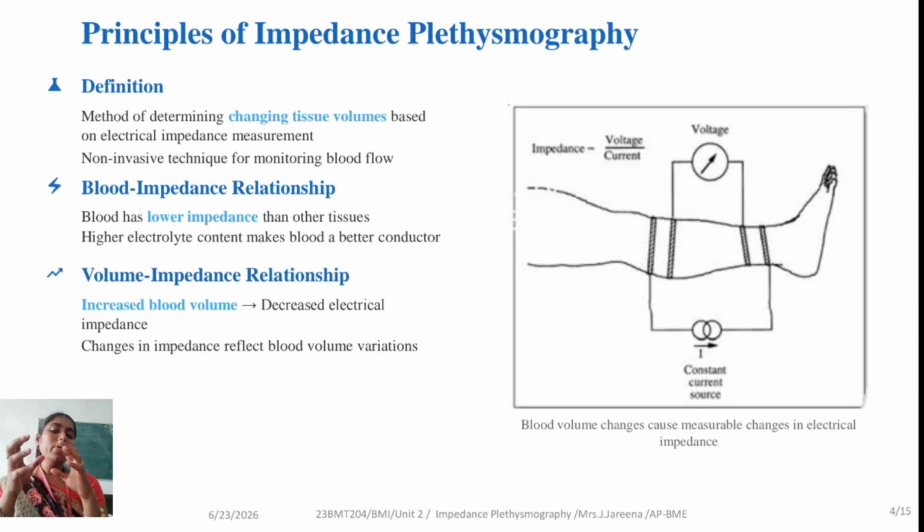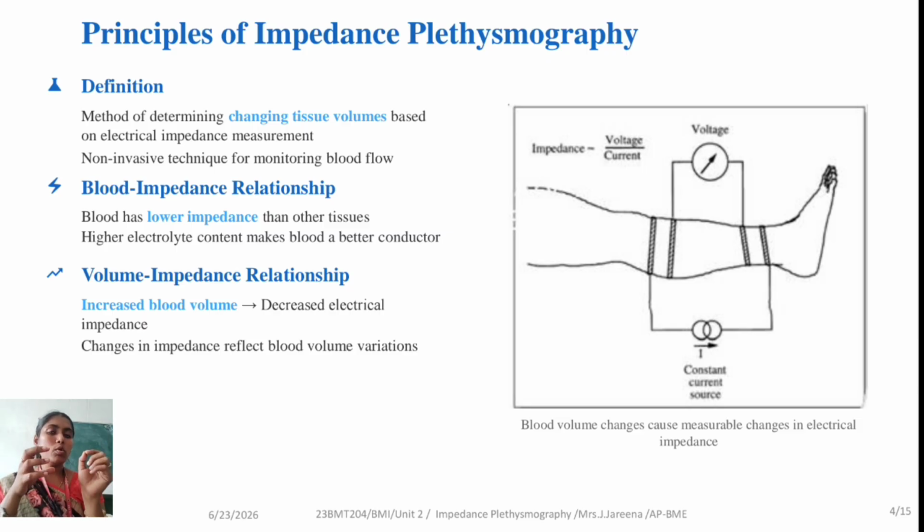Now let's move on to what impedance plethysmography is all about and how it works, its working principle. Impedance, as I said already, is nothing but a resistance. Plethysmography refers to the measurement of blood volume changes.